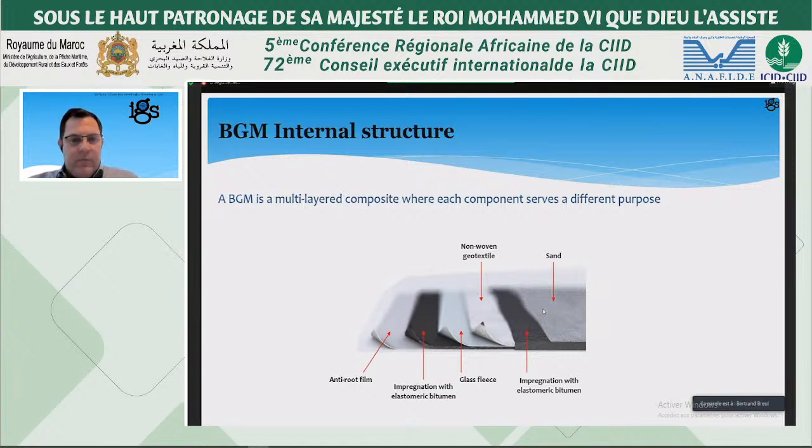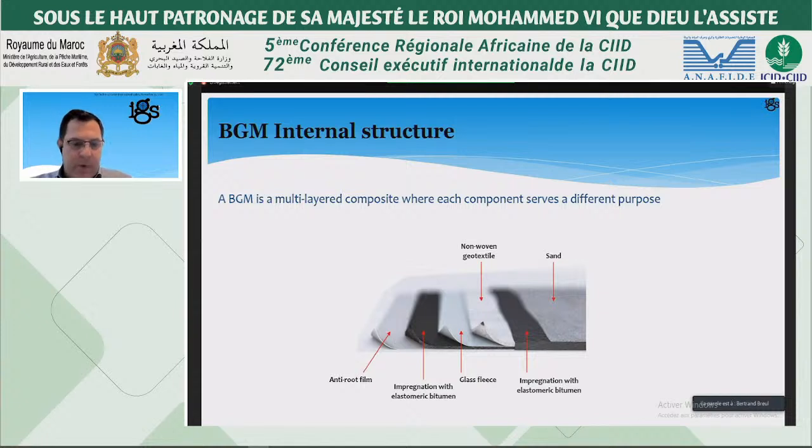On the top face, you have sand. This is to improve worker safety during installation and maintenance. And the other face is a plastic film.